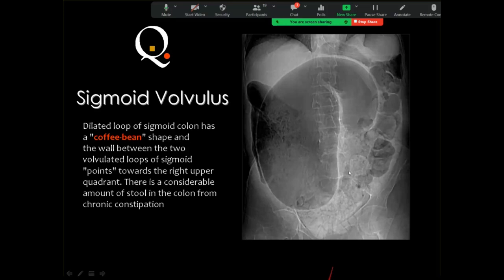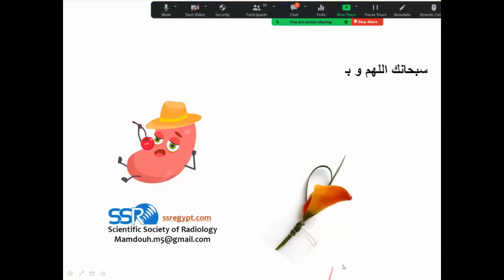This is an emergency, and the sigmoid volvulus and also the cecal volvulus are two of the lesions that cause abdominal pain and distension, and they are considered surgical emergencies.